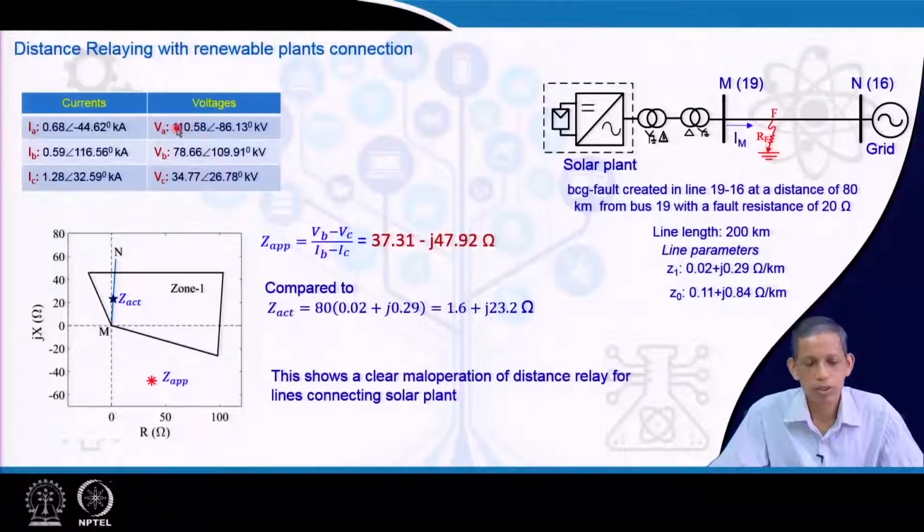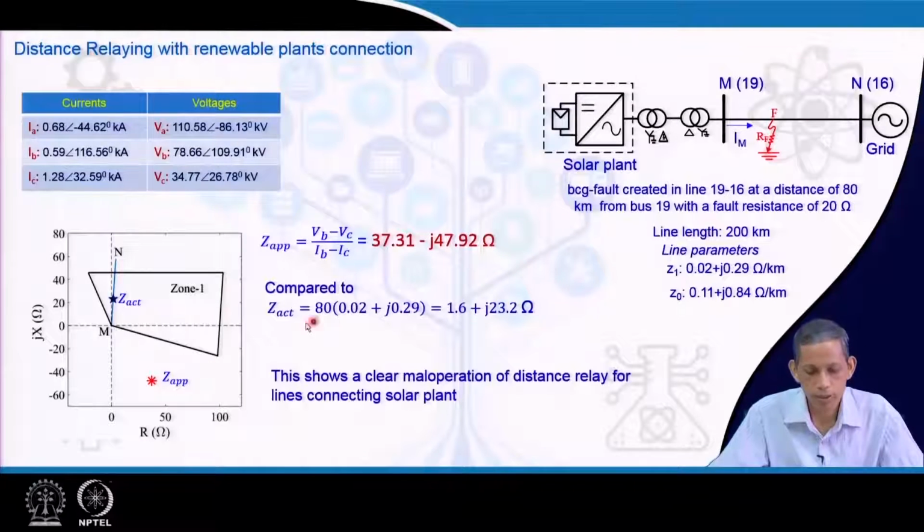Now, for this BCG fault, the corresponding Z apparent equation is VB minus VC upon IB minus IC. If you put in the fault data provided here, it becomes equal to 37.31 minus j47.92. This reactive part is negative, which means the point falls here, whereas the fault is at 80 km in the forward direction.